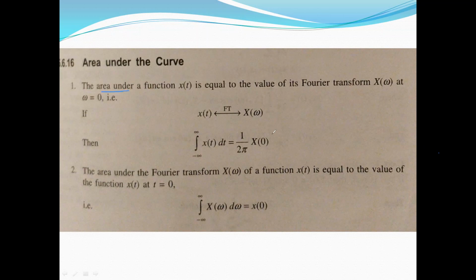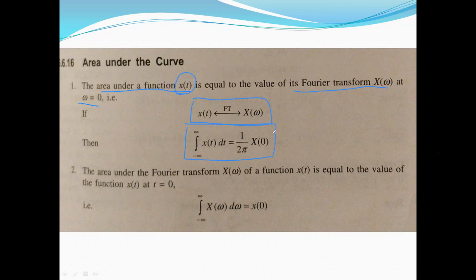If the Fourier transform of x of t is x of omega, then the integration of x of t dt would be x of 0. That is the area under the curve x of t.